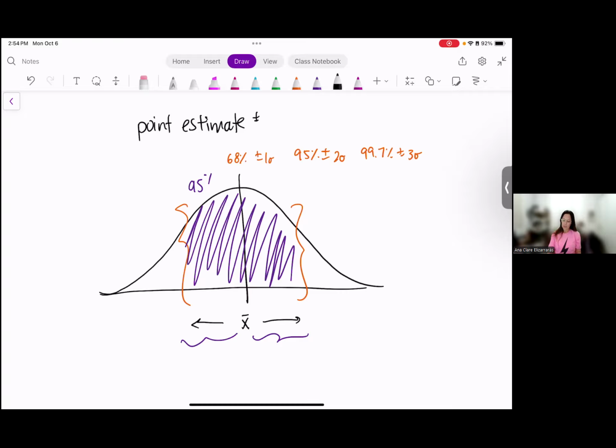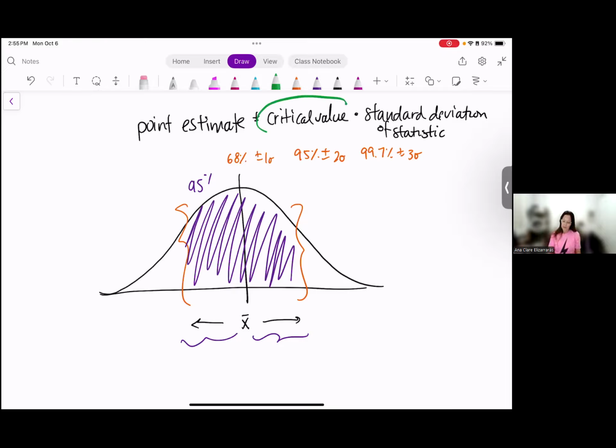So what I do is I take a critical value, and then I multiply that by the standard deviation of the statistic. And why is it the standard deviation of the statistic? Because that's going to tell me how wide it is for that distribution.